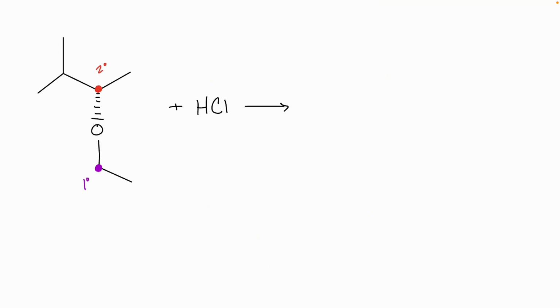Primary, the more reactive one. So what am I going to do to this dashed bond? I'm going to leave it. If it's the alcohol portion, you're going to leave it. Only worry about it when it's the alkyl halide. So my alcohol here just stays that dash.